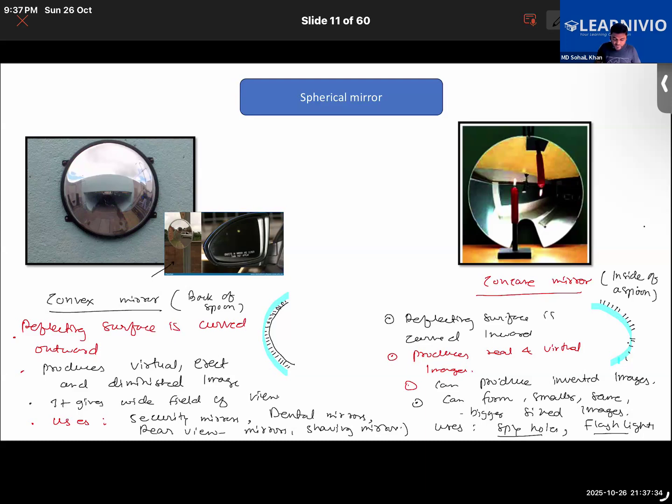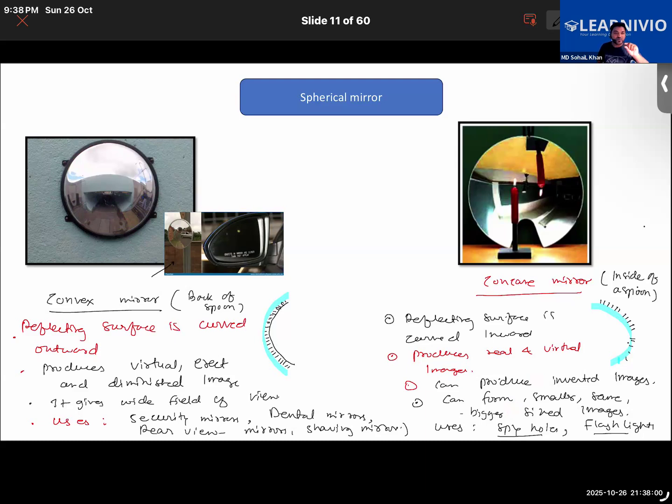Then it can form real or virtual image depending on the object's distance from it, depending upon how far the object is standing in front of the concave mirror. Then it can produce inverted images also, and can form images of the same size, smaller or bigger in size, right? And then it is used in spy holes.